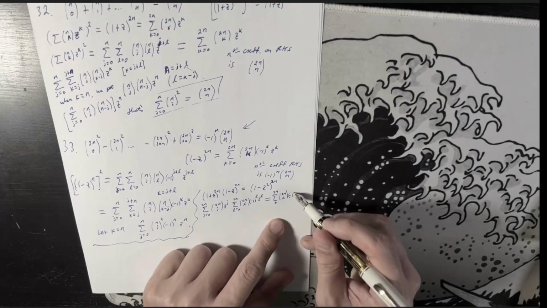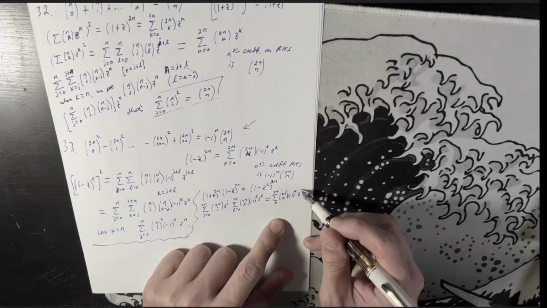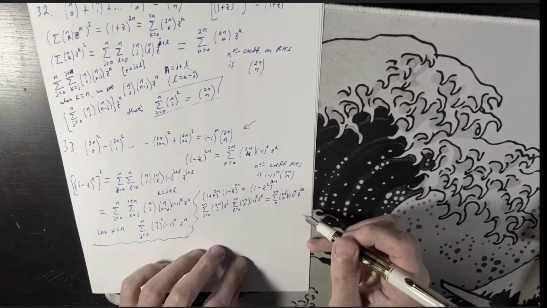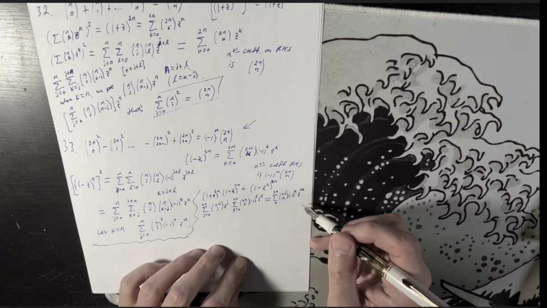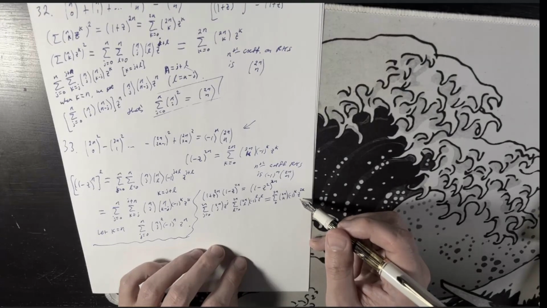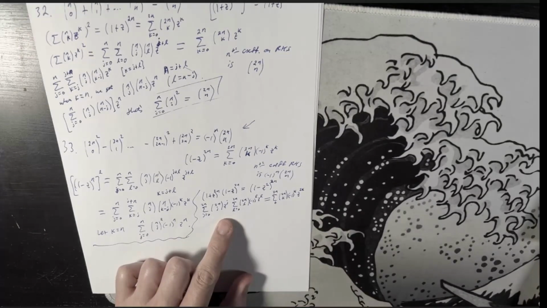You get an alternating bit, but then you get z to the 2k for some reason. I guess that doesn't matter. Or does it? It matters a little bit.